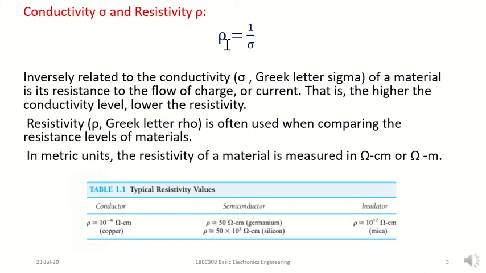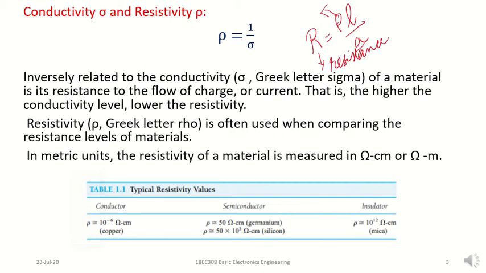What about the units? We know what is resistance. R equal to rho L by A. Capital R is the resistance.